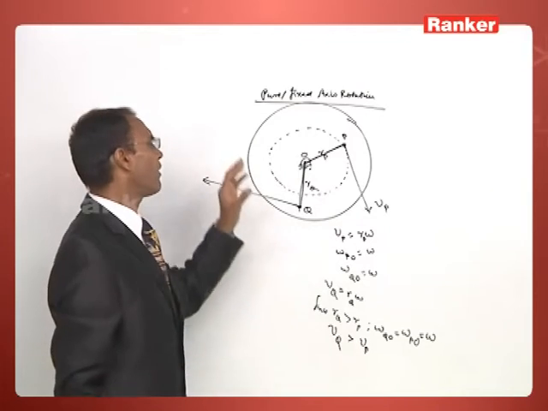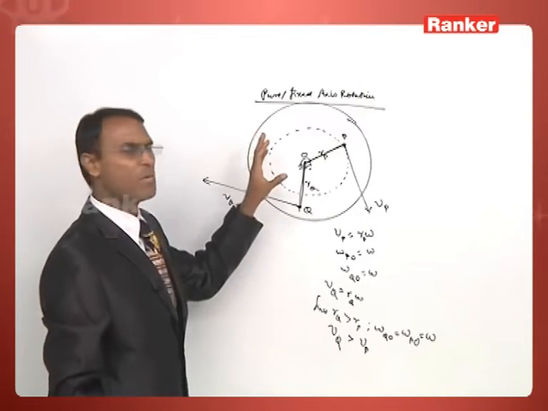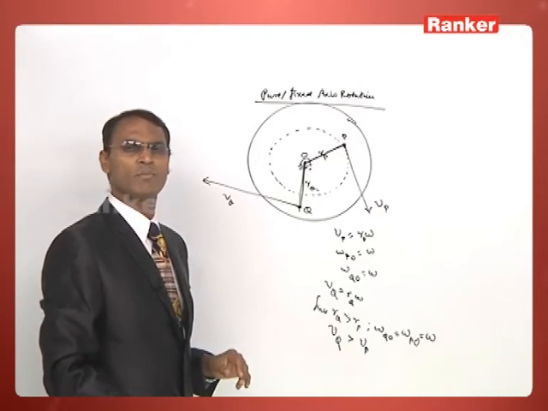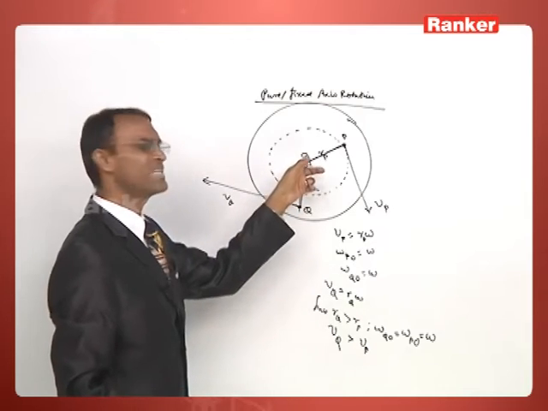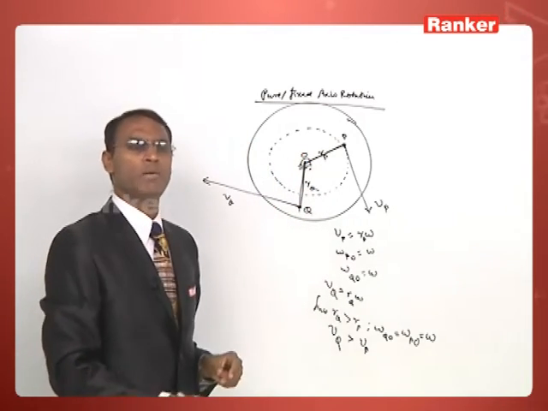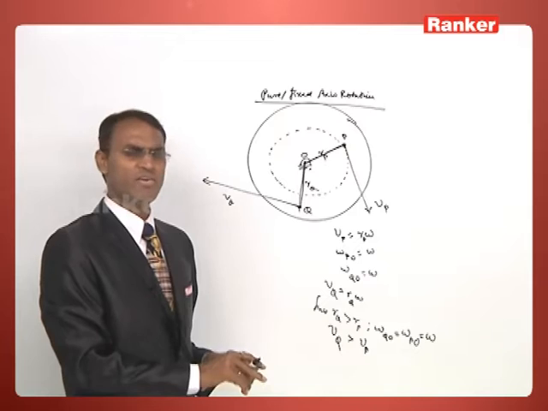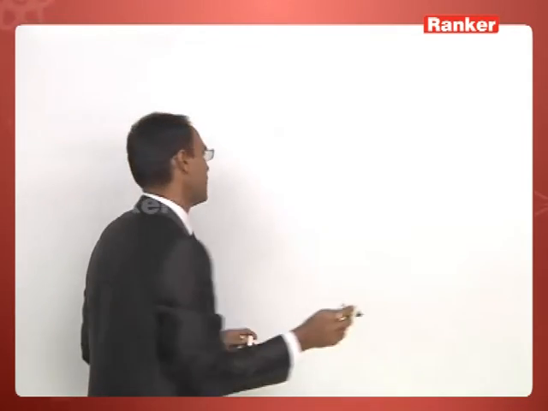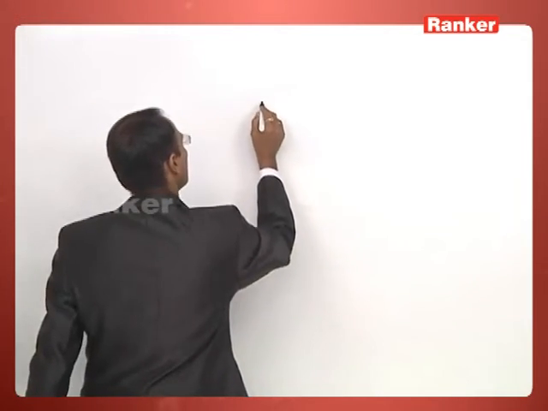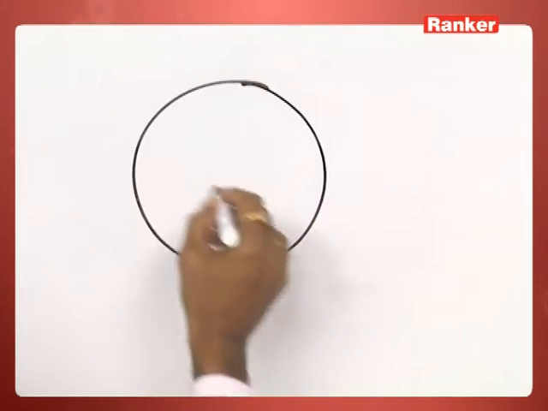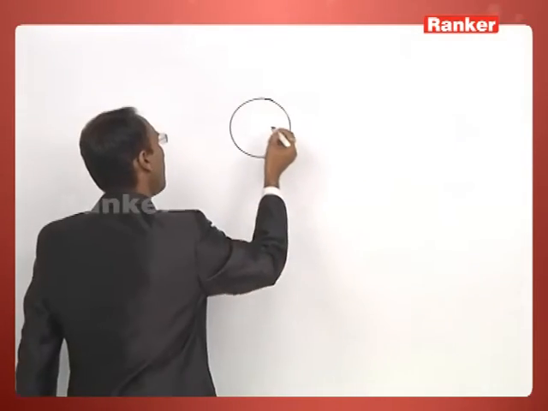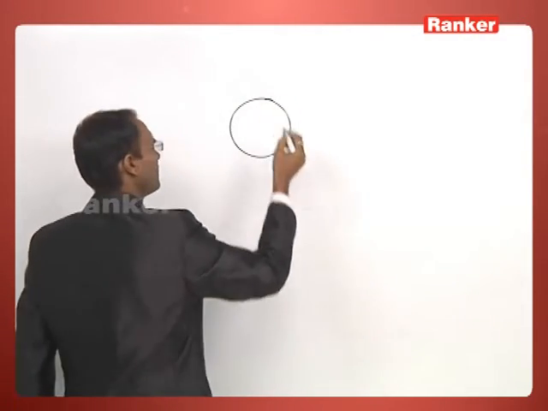These are a special type of rotation when the axis or axle is fixed, like a pedestal fan, the ceiling fan, etc. There is another type of rotation. For example, this cricket ball, or this is a disc.